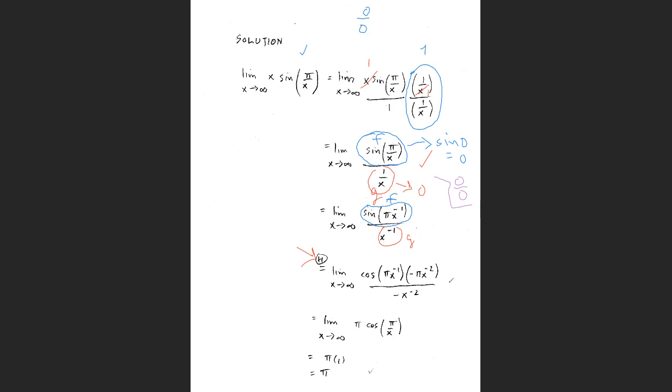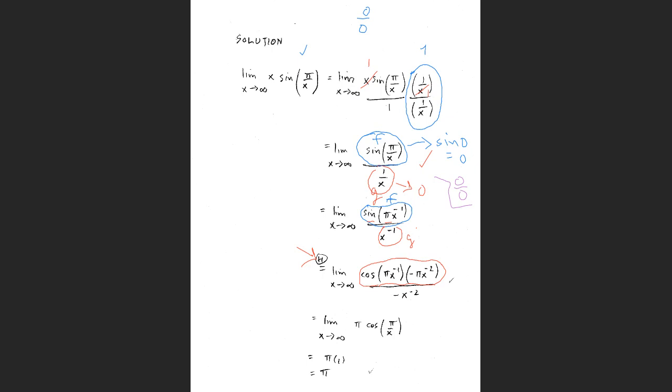And for the derivative of the numerator, I'm going to have to use the chain rule, aren't I? That's going to be the cosine of the angle pi times x to the negative first, times the derivative of the inner function. The outer function is the sine, and the inner function is pi times x to the negative first.